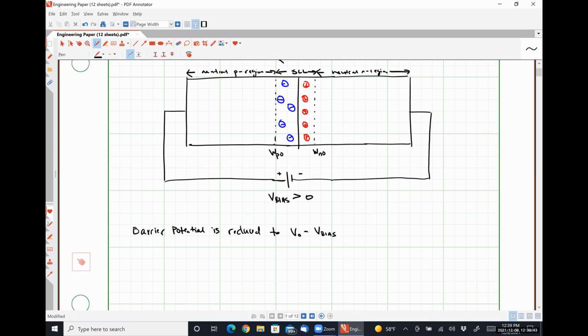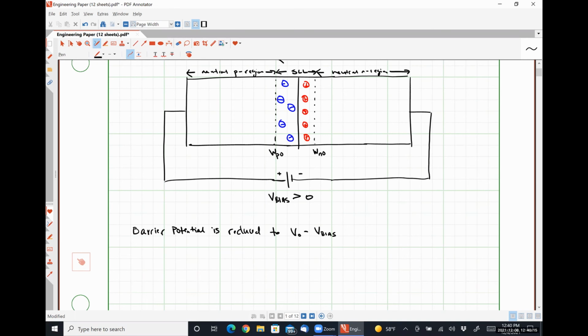What else is going to happen? What were things that were related to that quantity V naught? The width of the depletion region depended on V naught, right? So if V naught gets smaller, the width of the depletion region also gets smaller. So effectively, these edges of the depletion region move more towards the center of the crystal. Okay.